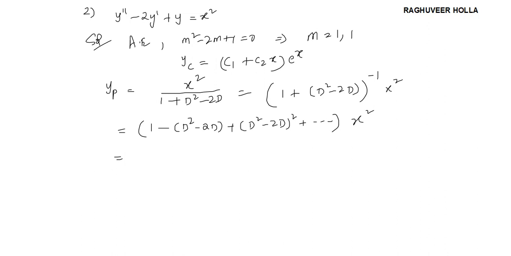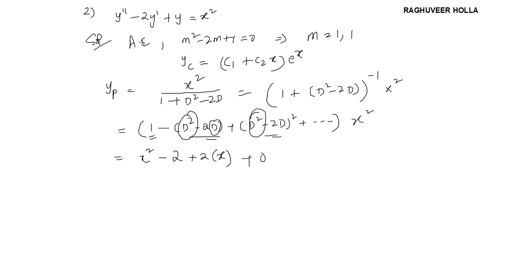The first term is 1, the next term is D square minus 2D, and the other terms would be D to the power 4, D cube and so on. So it's a biquadratic, right? Let us first multiply with this. So I get x square. The next, differentiation of this would be 2, and again with the D, that is plus 2 into 2x. Let us further try D to the power of 4, which I get 0.